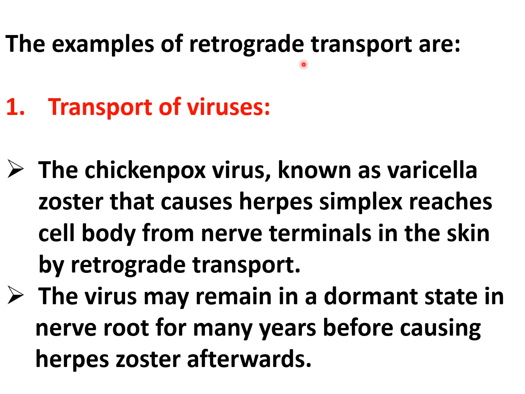The examples of retrograde transport are, first, transport of viruses. The chickenpox virus, also known as varicella zoster, that causes herpes zoster, reaches the cell body from the nerve terminals in the skin by retrograde transport. The virus may remain dormant in the nerve root for many years before causing herpes zoster afterwards.